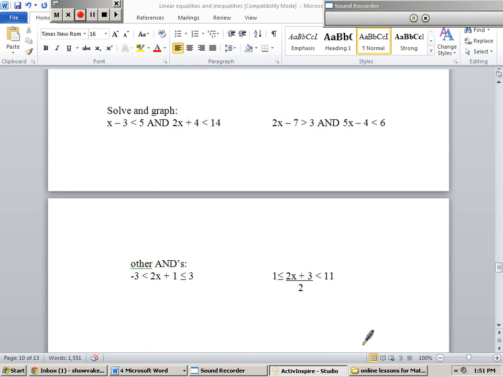Divide by 2. Negative 1/2 is less than or equal to x, which is less than 19 halves. Closed dot at negative 1/2, open dot at 19 halves, colored in between. So if you see one where you have a max and a min and x is in between, that is always an and.